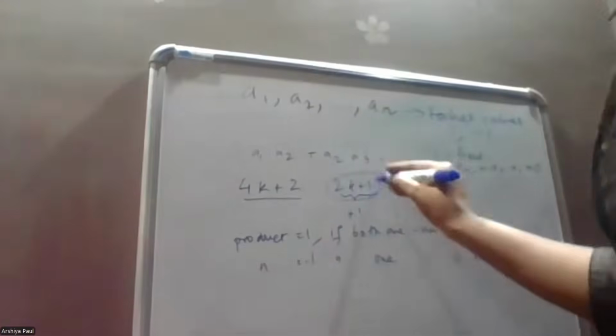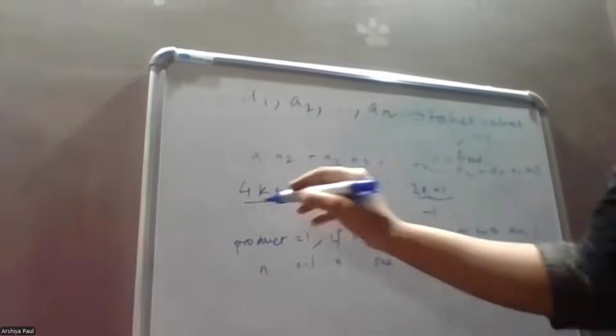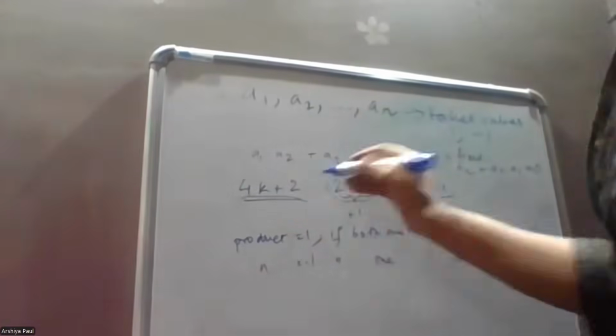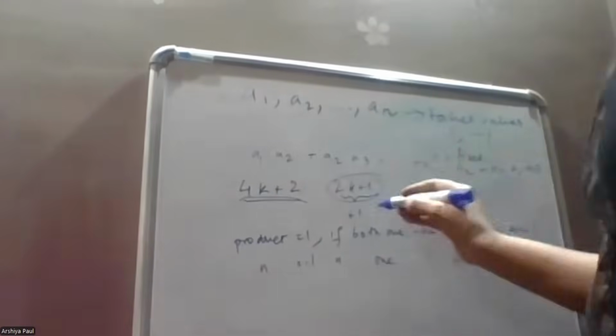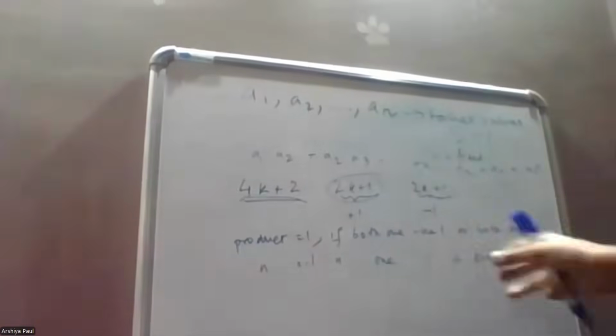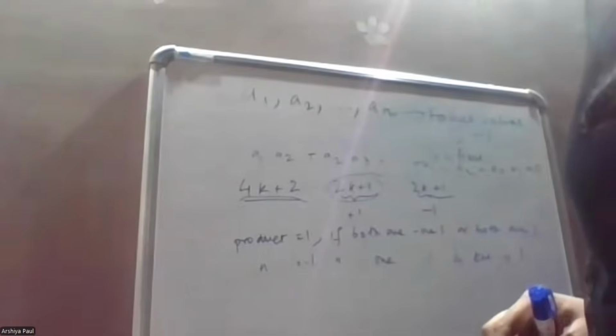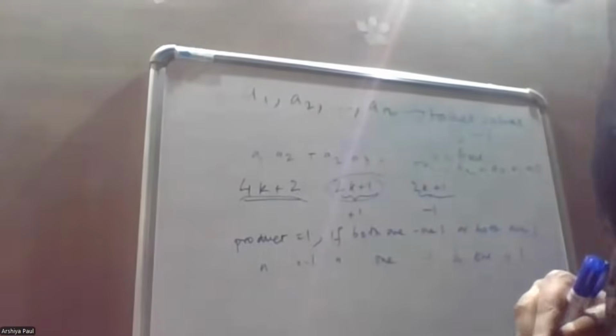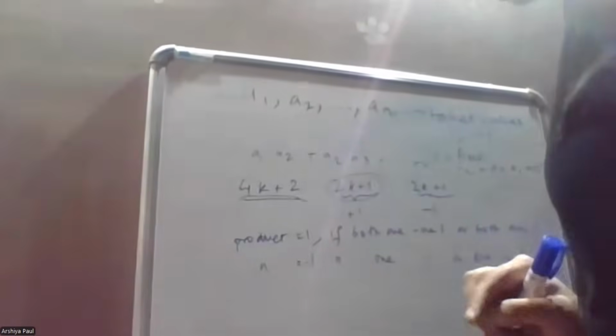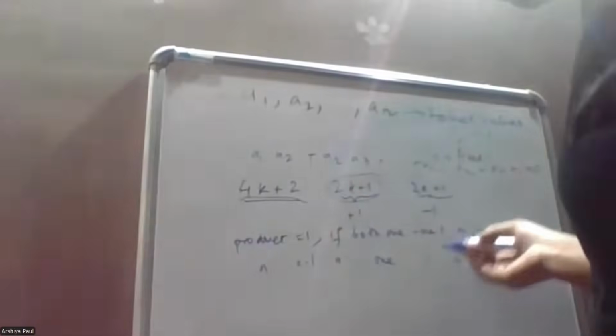This is odd, right? So if I have a total of 4k plus 2 terms, then the number of terms in each group will be odd. In that case, I'm summing an odd number of terms.